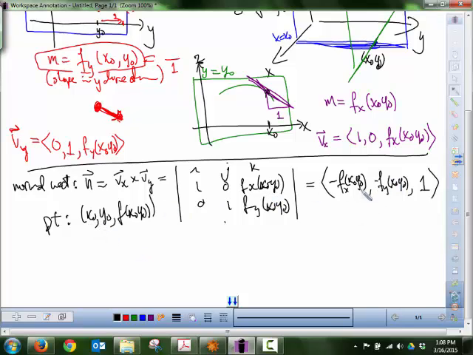So our equation of the plane is the normal times x, right?